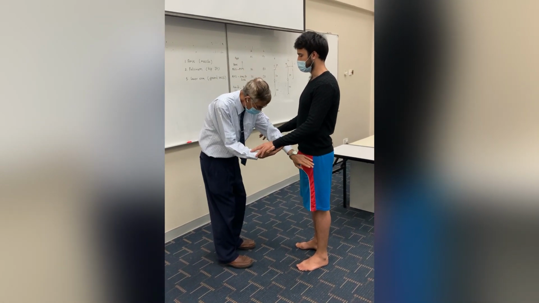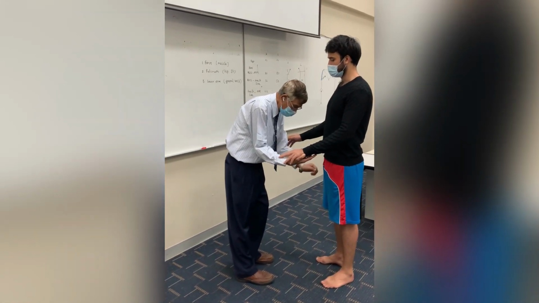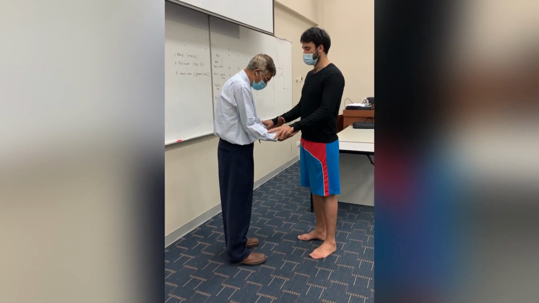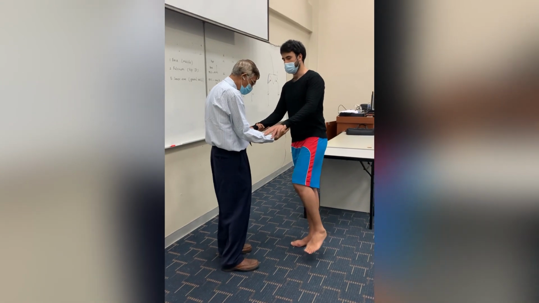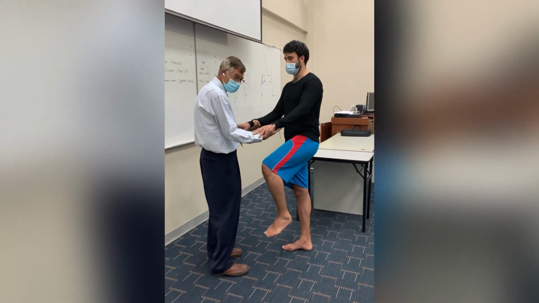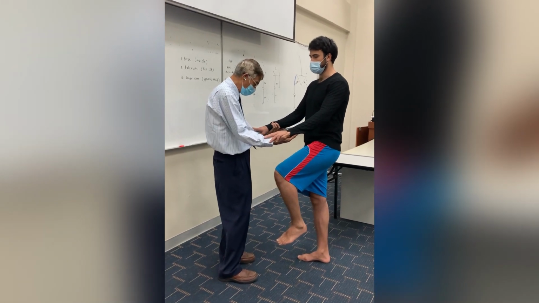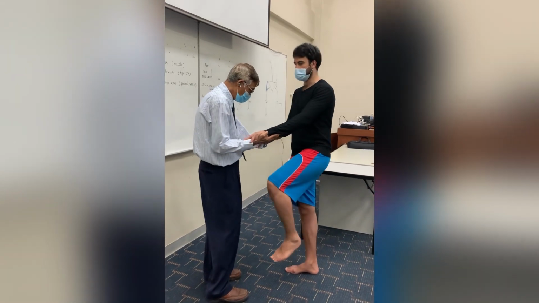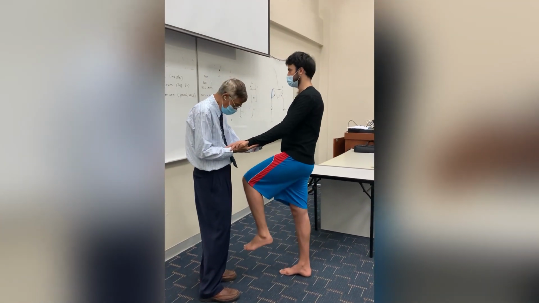So this is the normal side, this is the abnormal side, for example. So stand on the normal side, raise the abnormal side. Yes, bend your knee. So after that, you twist the body. You twist the patient's body, or ask the patient to twist the body, rotate the body.